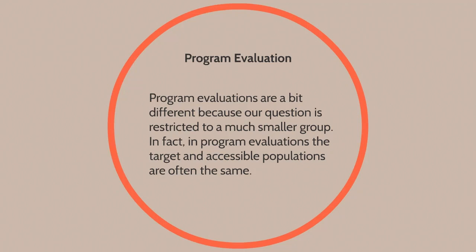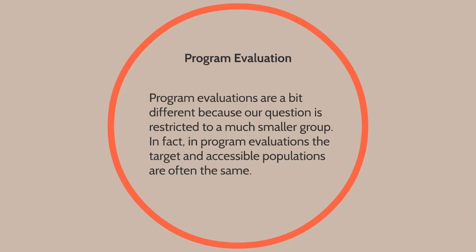So this is the one exception, but I don't really consider this a research question that we're talking about. I consider it an evaluation question, but the two sound a lot alike. Research questions applied in a program setting to determine if that program is working in that setting is an evaluation question.